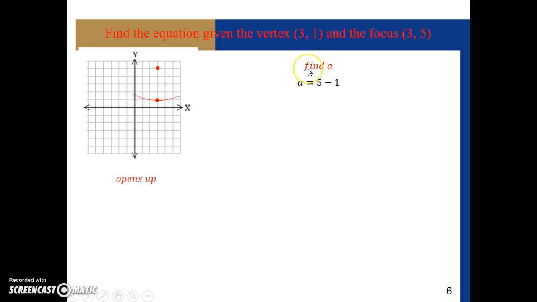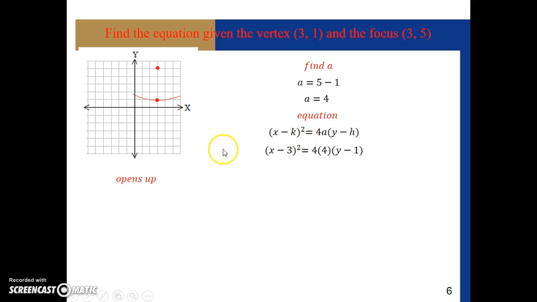So remember that the distance a is equidistant from the vertex to the focus and equidistant from the vertex to the directrix. So this distance, 1, 2, 3, 4, is going to be a. And I have h equals 3 and k equals 1.